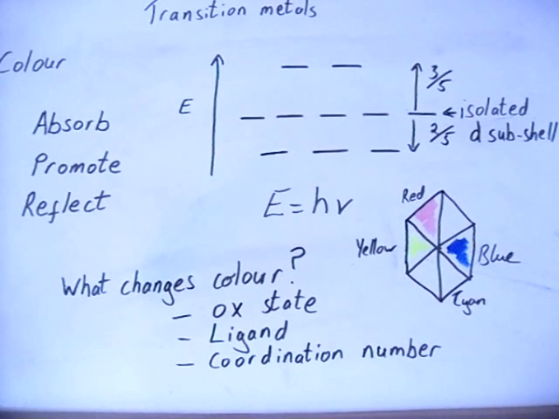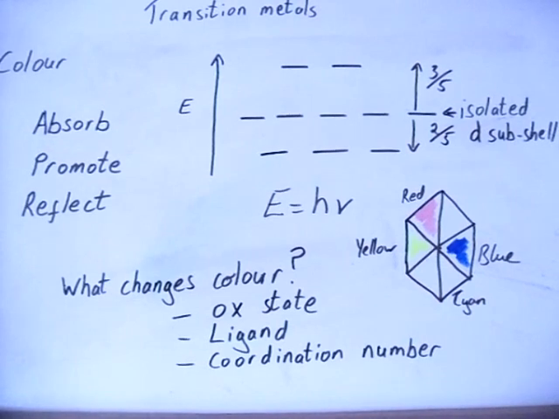An example, when we look at the copper chemistry, is going from water and changing it to ammonia, then you'll see it go from the light blue to the dark blue with that. And it's to do with the amount of splitting which the ligand imposes here.